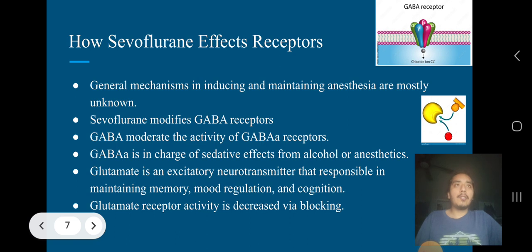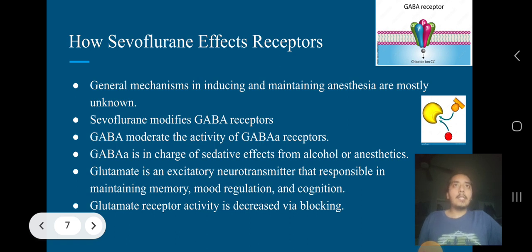GABA alpha is in charge in mediating sedative effects from anesthetics or alcohol. So, by modifying the GABA receptors to prevent its activation, allows the GABA alpha receptor to remain closed, thus enhancing neuronal inhibition, or a decrease in neural activity.